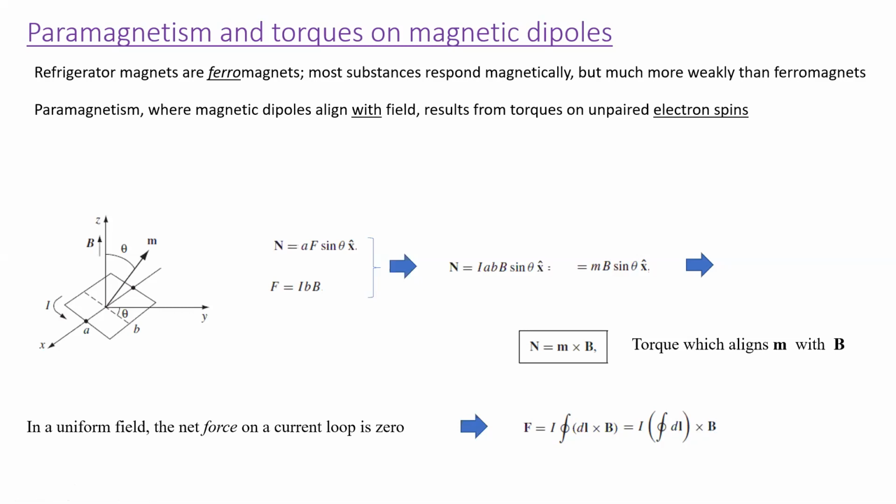Okay, so a paramagnet is a substance such that applying a magnetic field in a certain direction increases the magnetization in that direction. A diamagnet, as you might suspect, is like diabolical: it sort of does the opposite of what you would hope or expect.